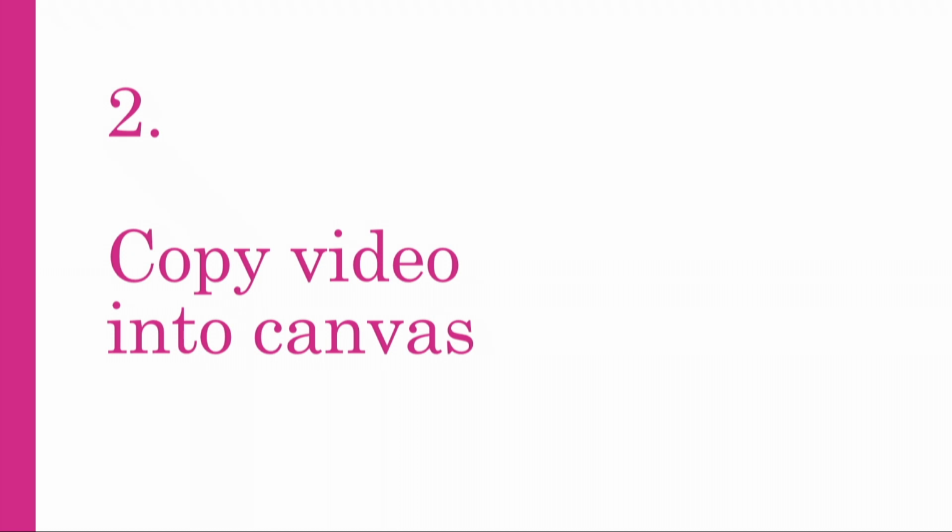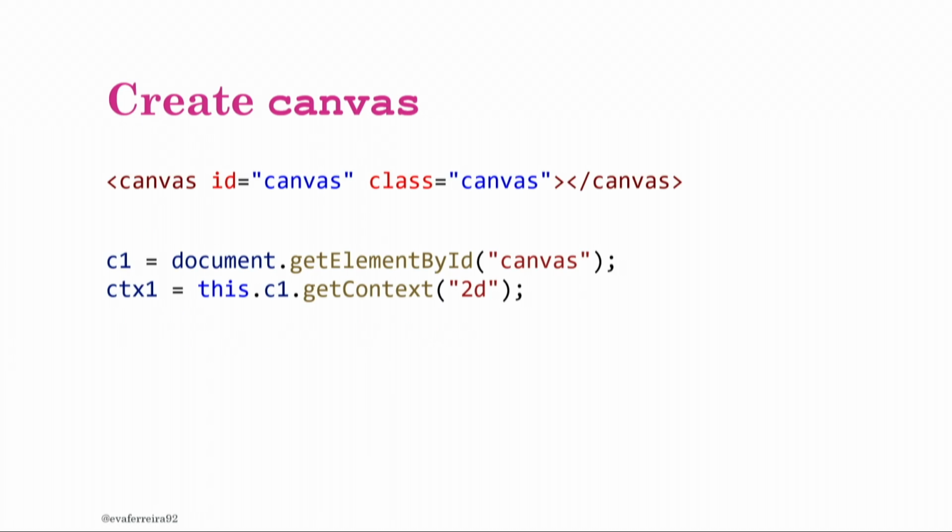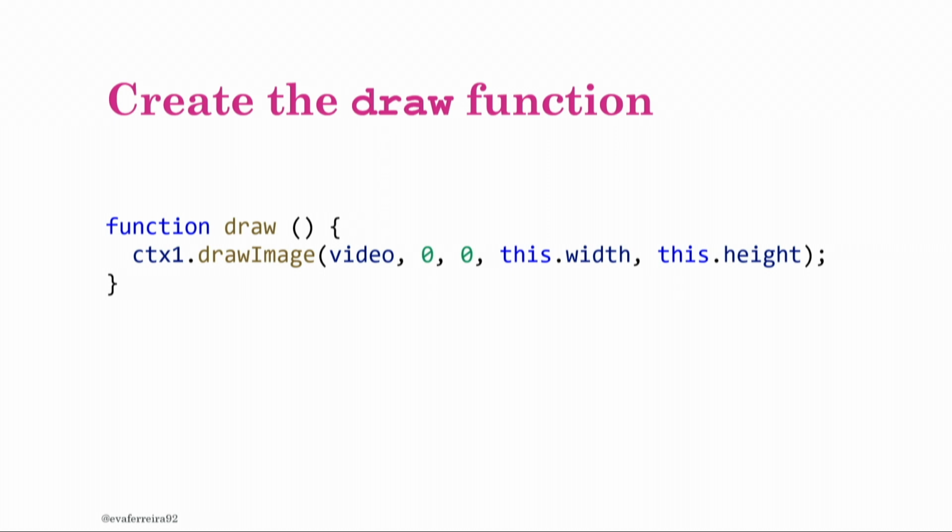So now step 2, we need to take this input and copy it into a canvas. We create our canvas with an ID of canvas, because I'm really creative. And we get its context. And now what we need to do is put the video input, what the video is streaming, into our canvas. So to do this, we call a function.